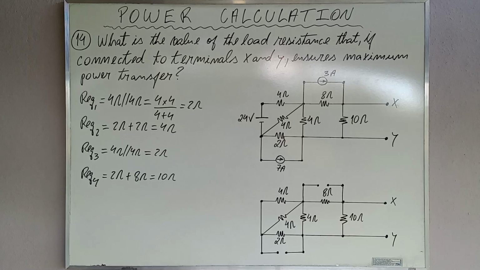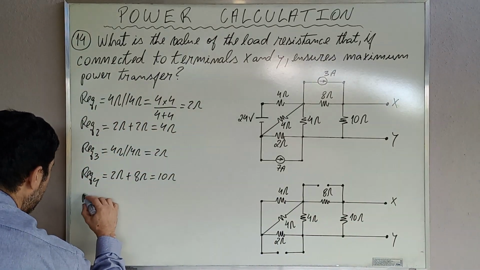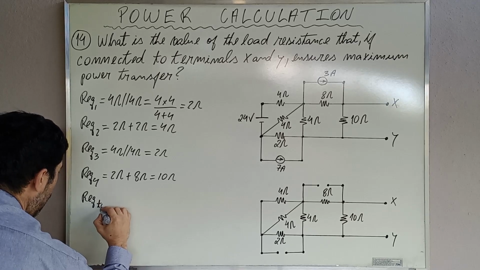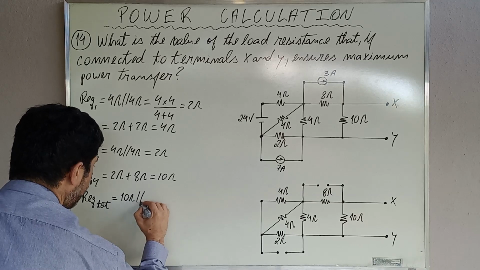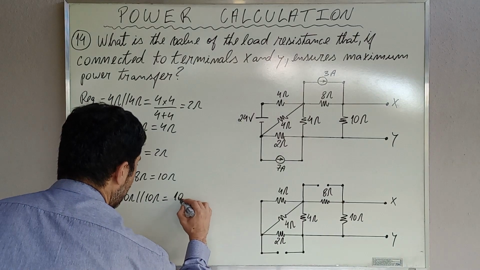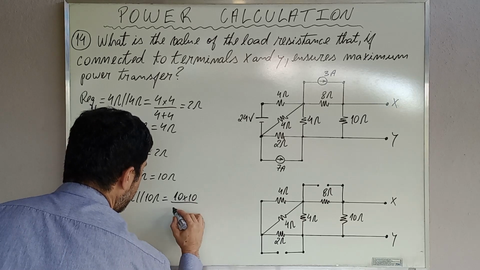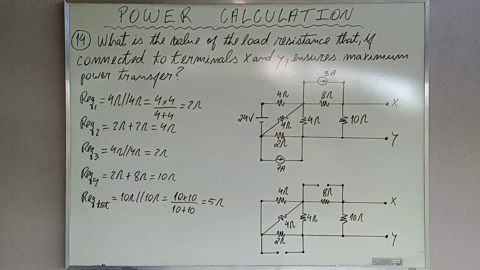Finally, this 10 ohms resistance will be in parallel with the 10 ohms resistance at the right. The total equivalent resistance is the parallel combination between 10 ohms and 10 ohms, which is 10 lots of 10 divided by 10 plus 10, which is equal to 5 ohms.